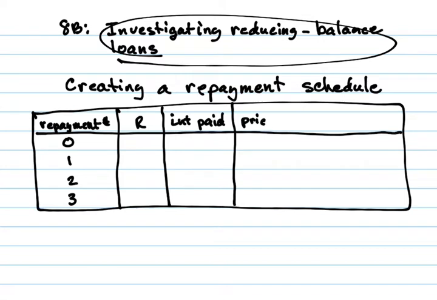Then you're going to have a column called principal reduction. I'm going to go ahead and write it all out, even though it takes up too much space. The principal reduction simply means how much did your payment, after the interest you paid, reduce the amount you owe? Because paying off what you owe is kind of the point, right?